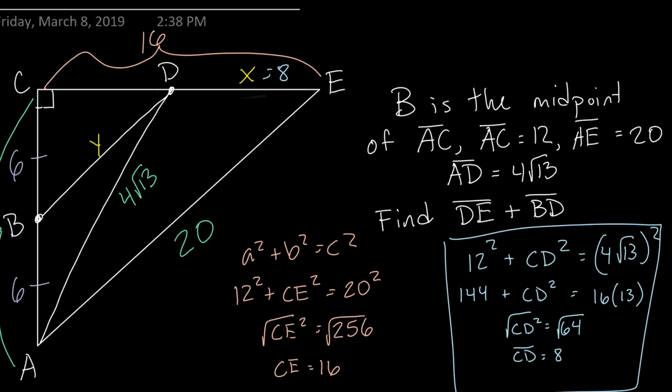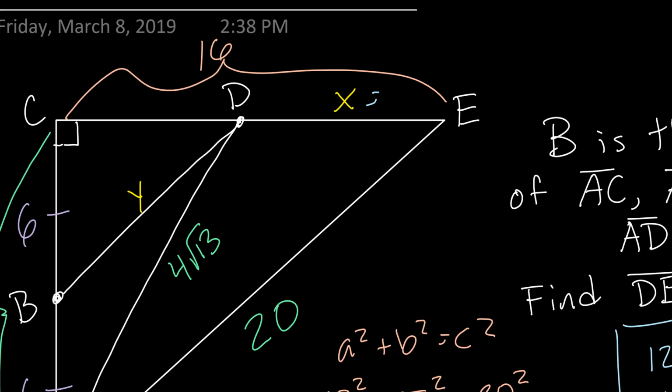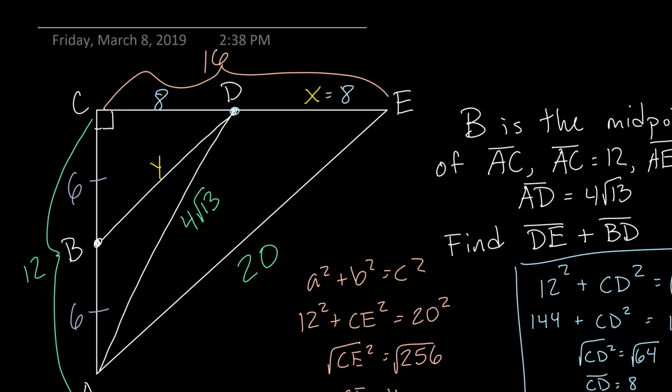So now, knowing that this is 8, 16 minus 8 is 8, so x is also 8, making D the midpoint, and we already knew B was the midpoint, so this y line, what did we learn last unit this line is called?